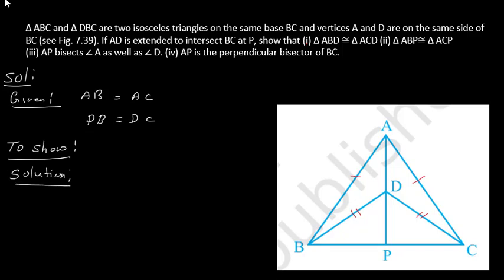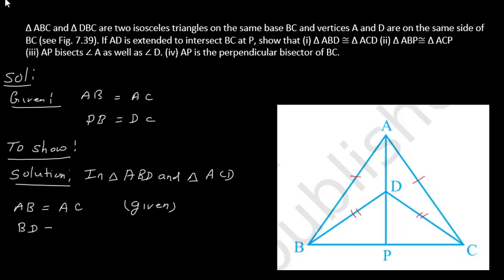So I will say, in triangle ABD and triangle ACD, in these two triangles, AB equal to AC, this is given. Then we have BD equal to CD, this is also given.